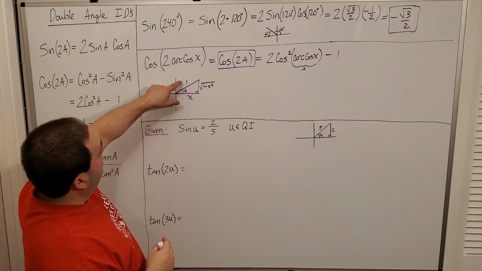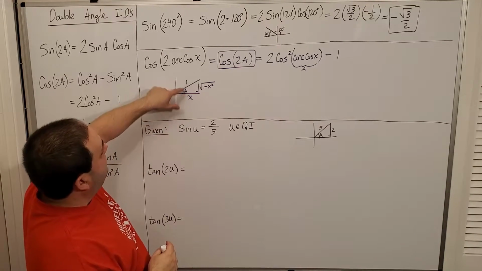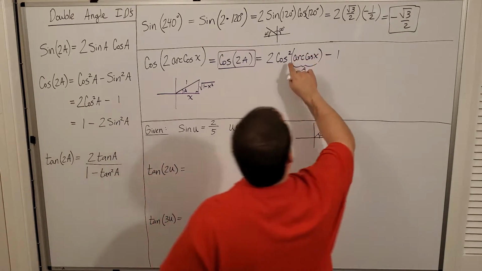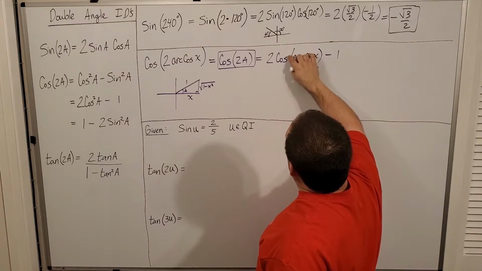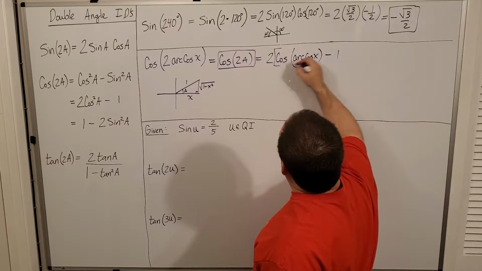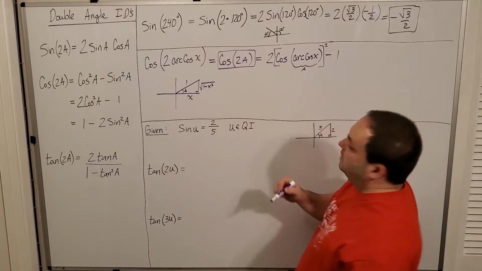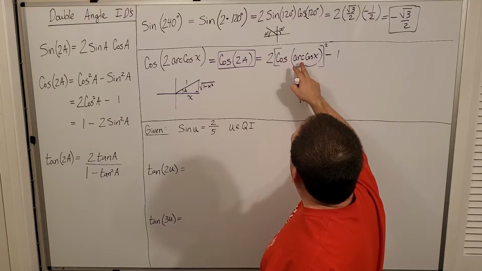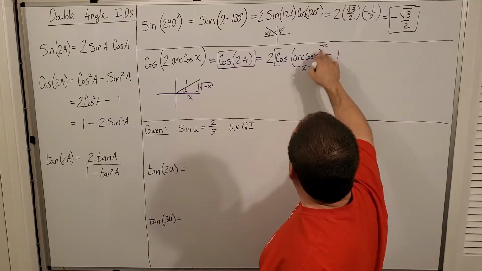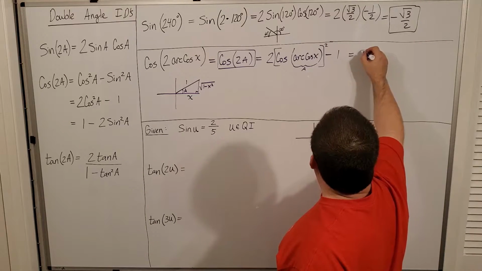The cosine of this literally is x over 1. It's x. Okay? So the cosine of this, remember the squared is shorthand. It's actually this whole thing squared is what that means. Okay? So I'm literally getting x here. So I'm getting 2x squared minus 1.